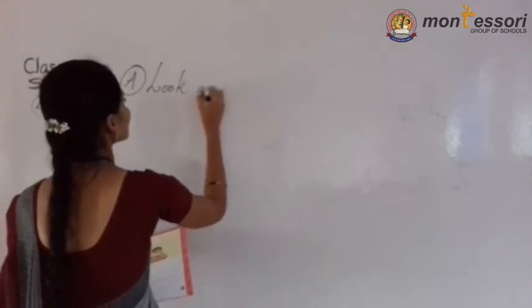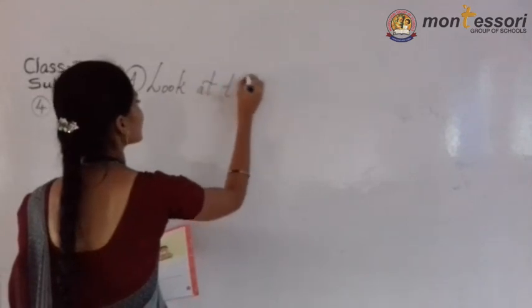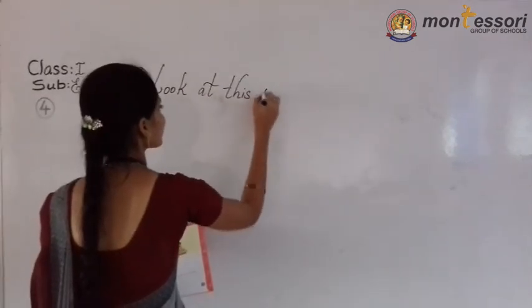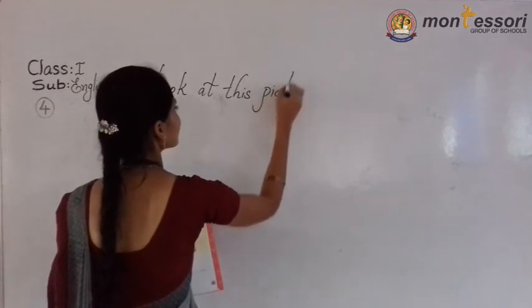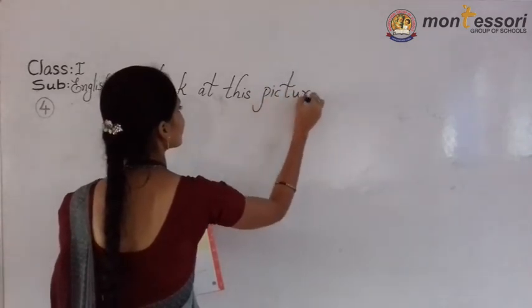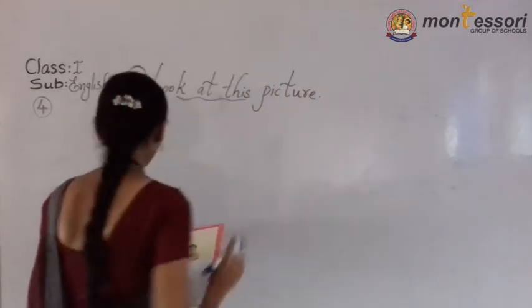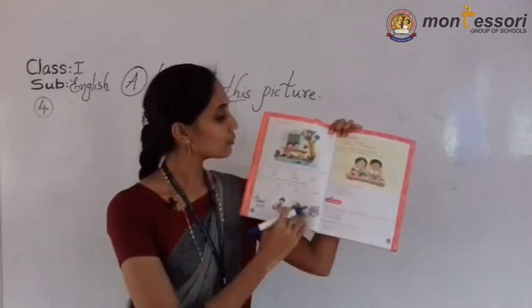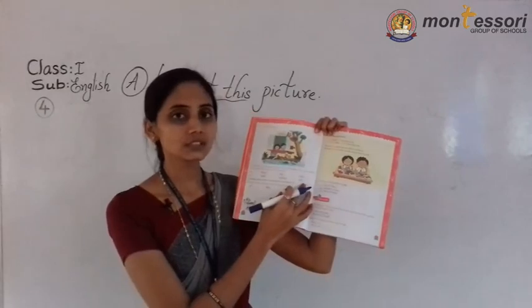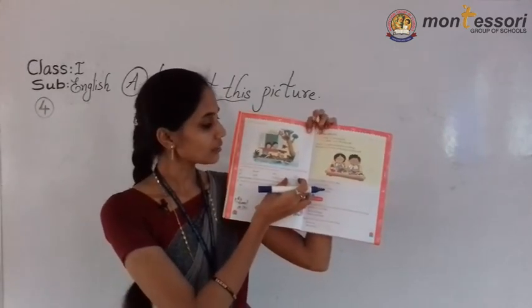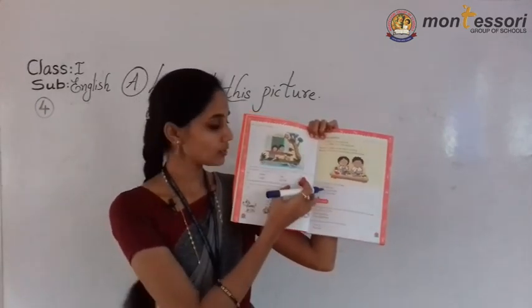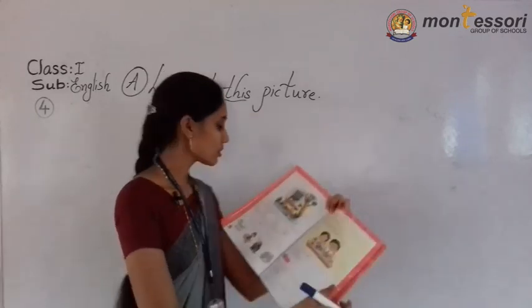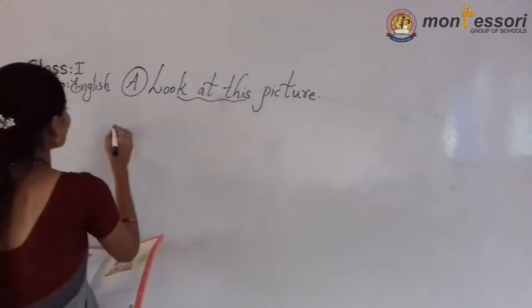Look at this picture. Now, by seeing this picture, we have to circle the words. If these words are from this picture, you have to circle it. First, I am going to write the words.